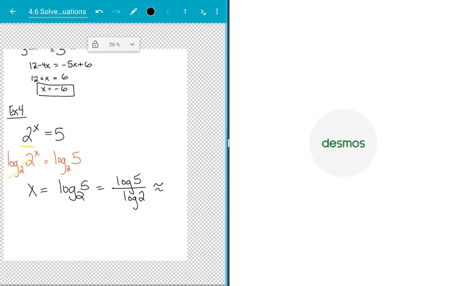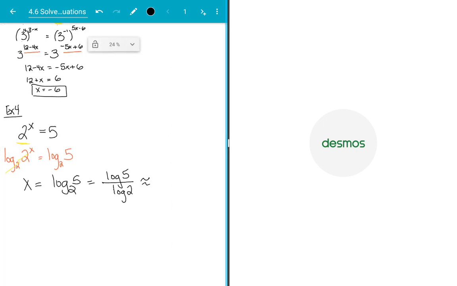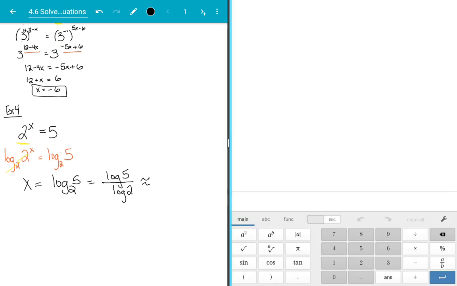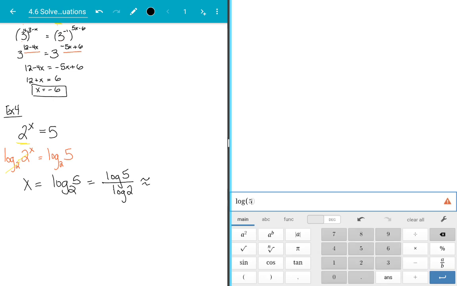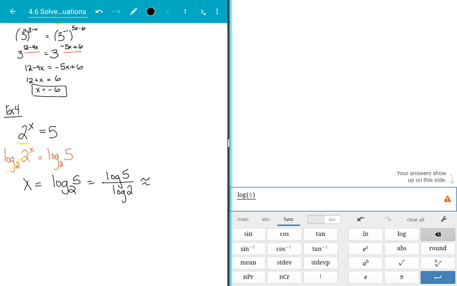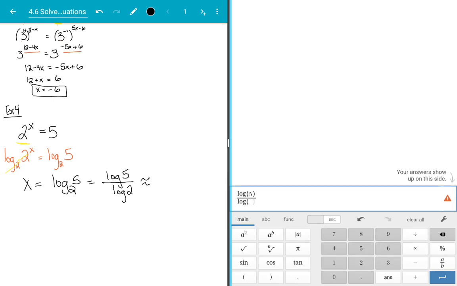All right, so let's see exactly what we're going to get once Desmos decides to load up here. Okay, here we go. So we have the log of 5 divided by the log of 2.